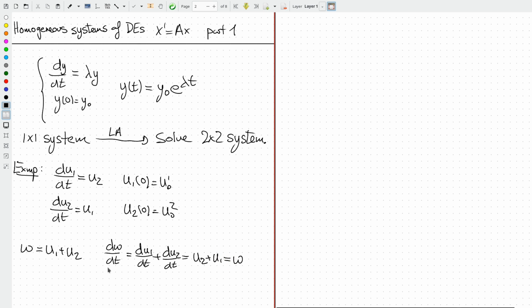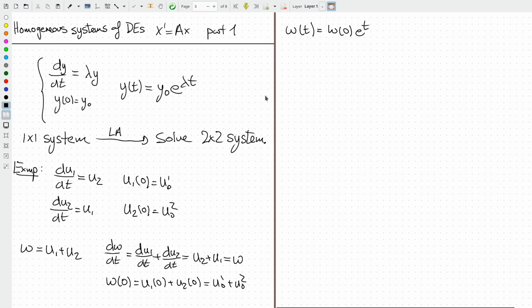So I've written down a differential equation for w. We can write down an initial condition for w, which is w at 0 equals u1 at 0 plus u2 at 0, which is u01 plus u02. But this is a scalar equation now, so we know how to solve it. We know that w of t must be the initial condition w0 e to the t.